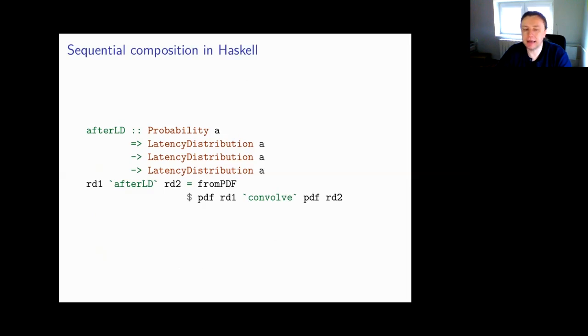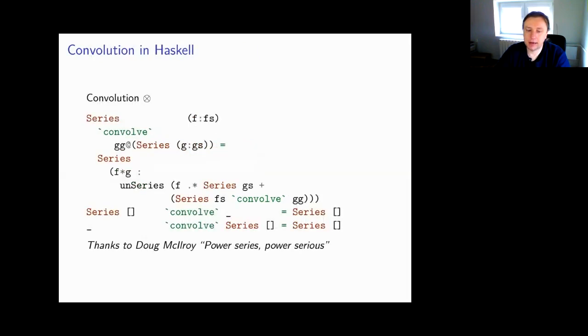And it is relatively easy to implement because you take the PDFs of two probability distributions and compute the convolution of these. For the convolution, I would refer you to Doug McIlroy's excellent functional power series that gives us the definition of convolution as a very short functional recursive program.